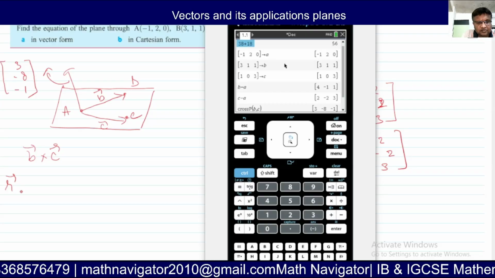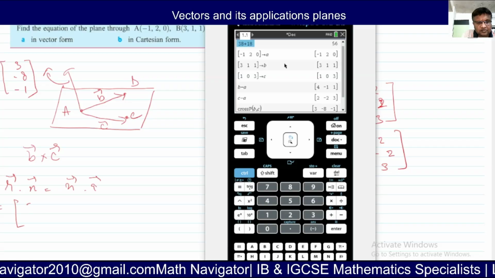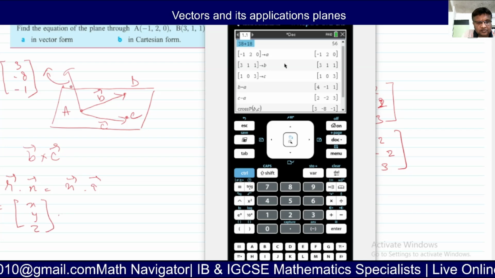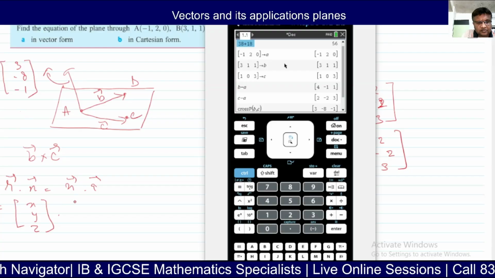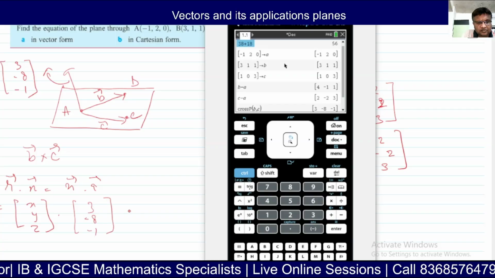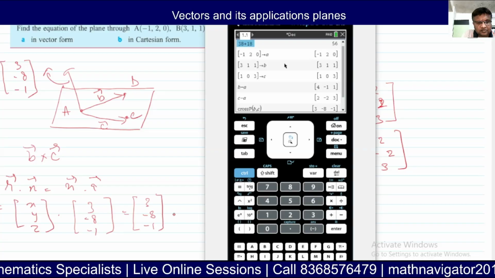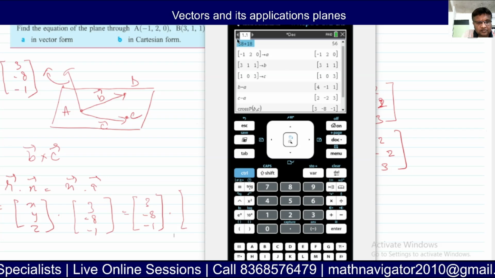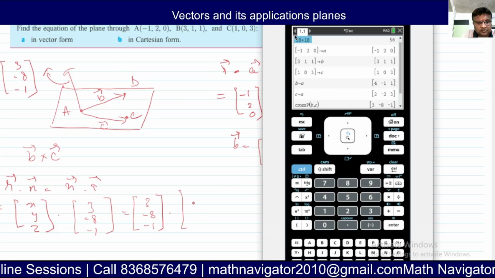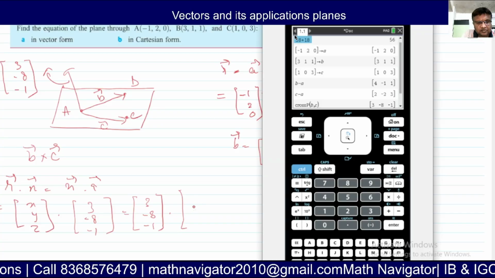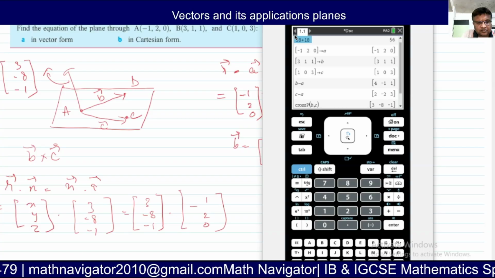So vector R dot vector N is equal to vector N dot vector A. So (x, y, z) dot vector N, what is my vector N? 3, negative 8, negative 1, is equal to 3, negative 8, negative 1 dot vector A, which is minus 1, 2, 0, right? Let's find the dot product.